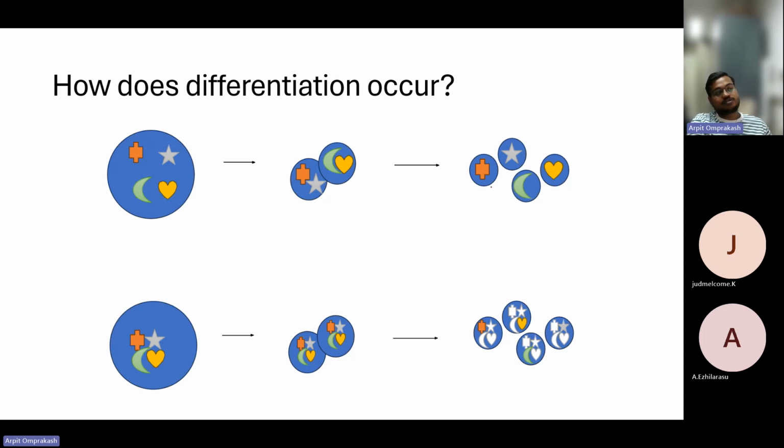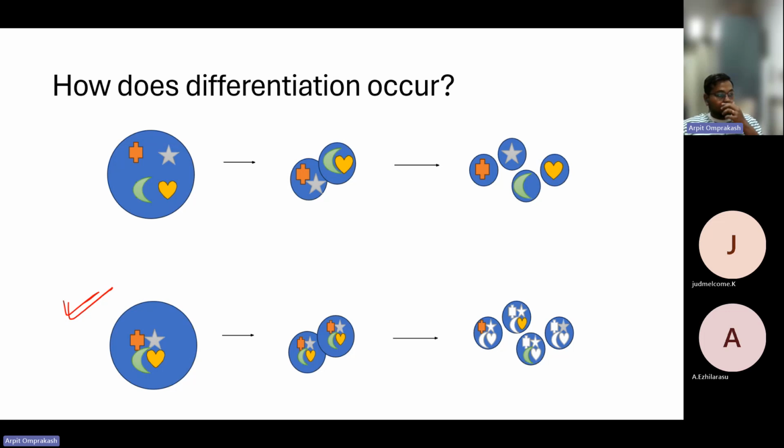And when they break into four cells, all of them have different parts of the DNA, and that's how they express different proteins and give rise to different kinds of cells and different functions. The other theory is that all of the DNA is copied into all of these cells, but only part of it is expressed in each of them. The second idea is actually what is happening.